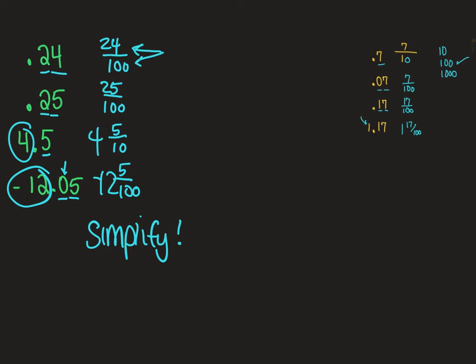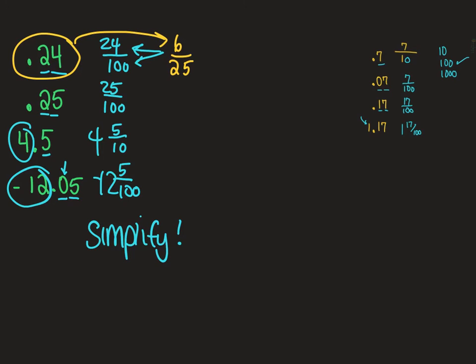Well, 2, but surely we can get something bigger than 2. 4 goes into both of them. Does 8? No. Does 12? No. I think maybe it's going to be 4. So 24 divided by 4 is 6, and 100 divided by 4 is 25. So this one ended up being 6/25.